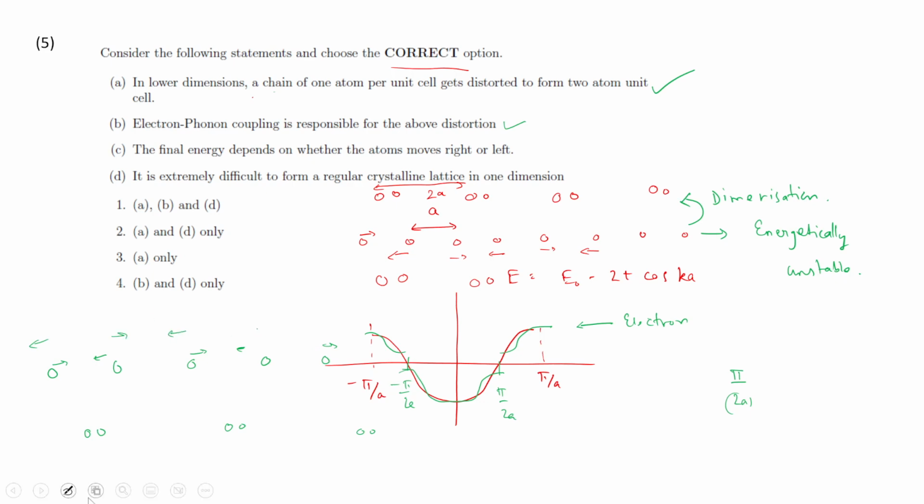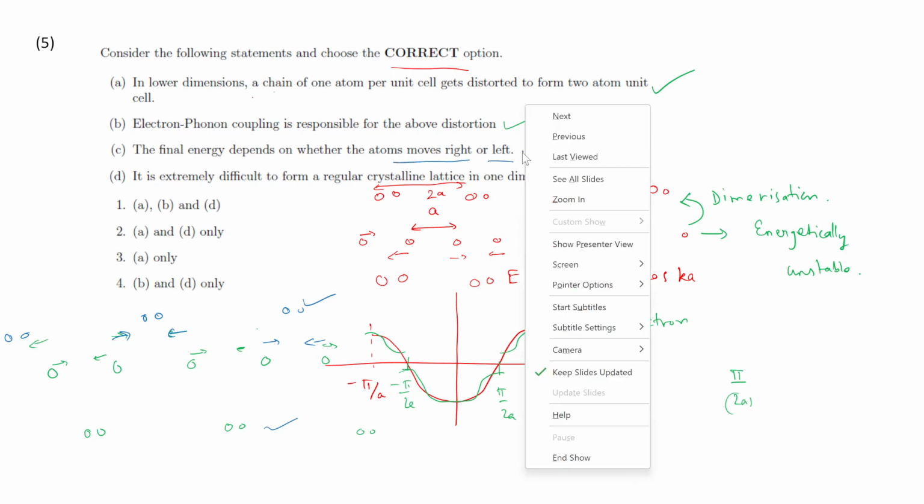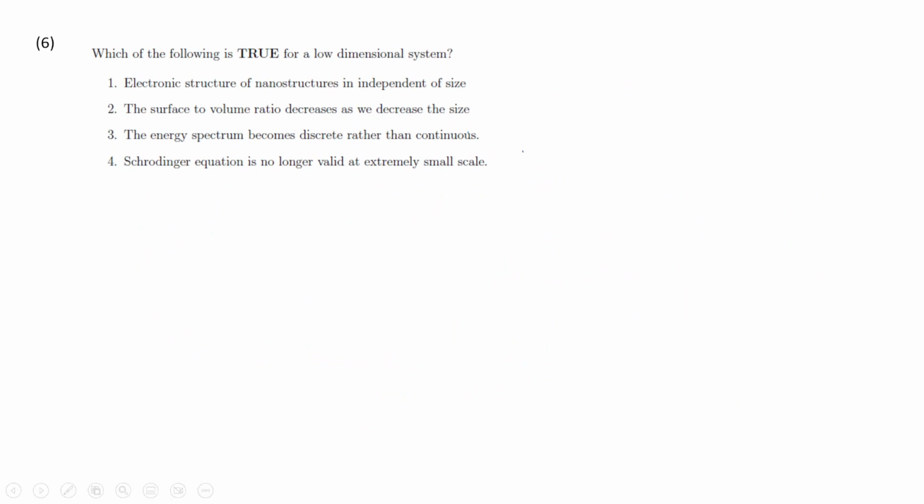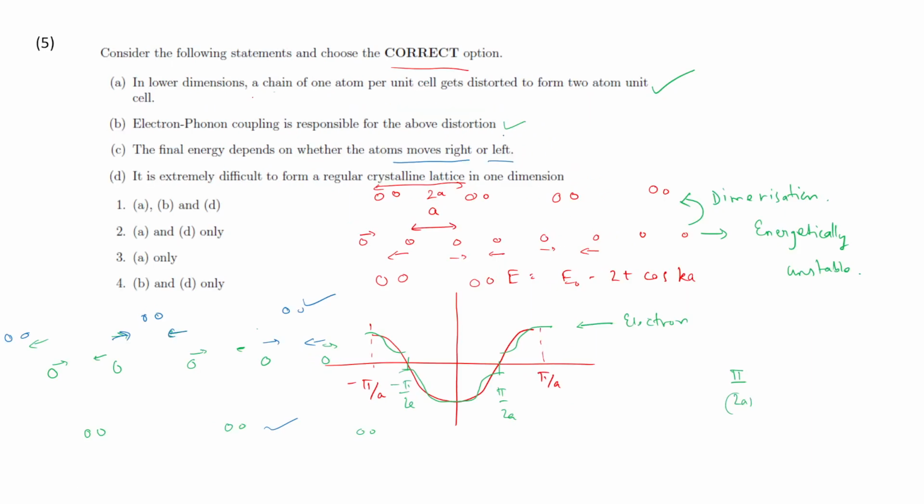If it is coming this way, or this way, you see the final configuration is the same as this configuration. That is why it doesn't matter if the atoms move right or left, the final energy doesn't depend on that. So this is a wrong statement.